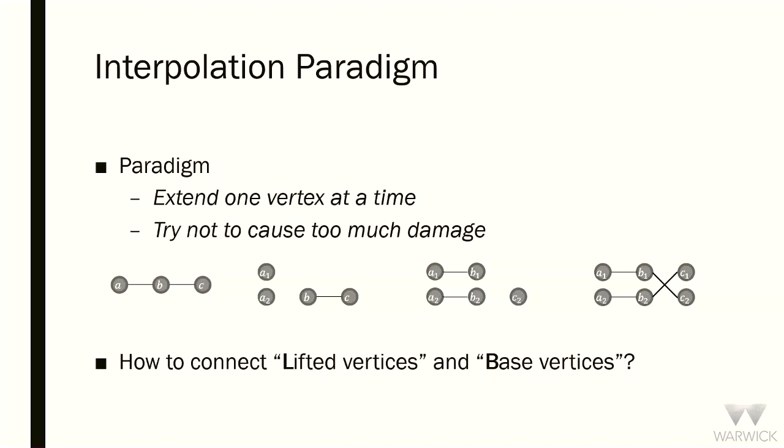I want the base vertices to be connected just like the base graph, and the lifted vertices to be connected just like the lifted graph. And I still need to specify how to connect the vertices in the cut.